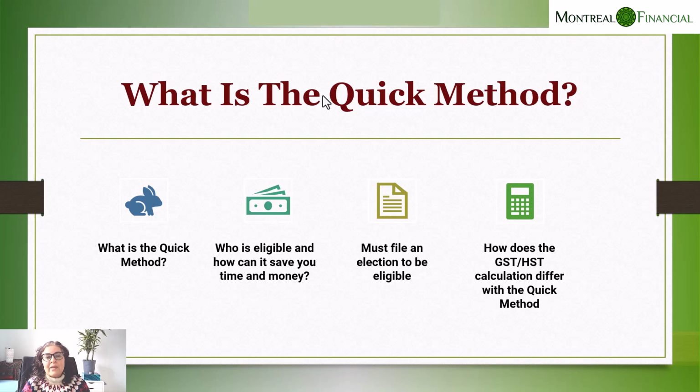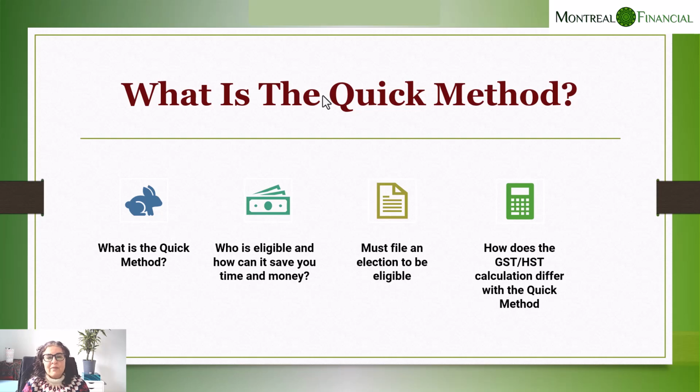So you are saving on the 5% that you collect, you are saving that 1.4% differential, but this is offset by the sales taxes that you would have been able to claim on your expenses. So you can see how this actually saves you money, and it also saves you time since you no longer have to track the sales taxes that you pay on your expenses.